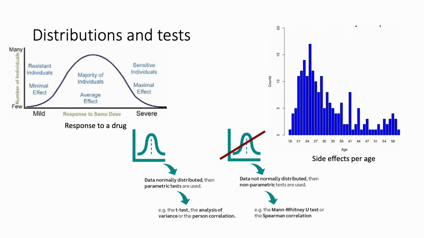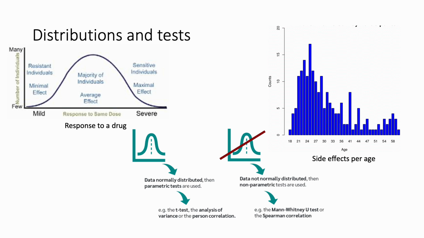Look at the picture in the bottom middle of the slide. Here on the left you have the data normally distributed, and in the other one you see that the data is not normally distributed, so it's a non-normal distribution. This is a skewed distribution. In the case of a normal distribution, we use tests that we call parametric tests.